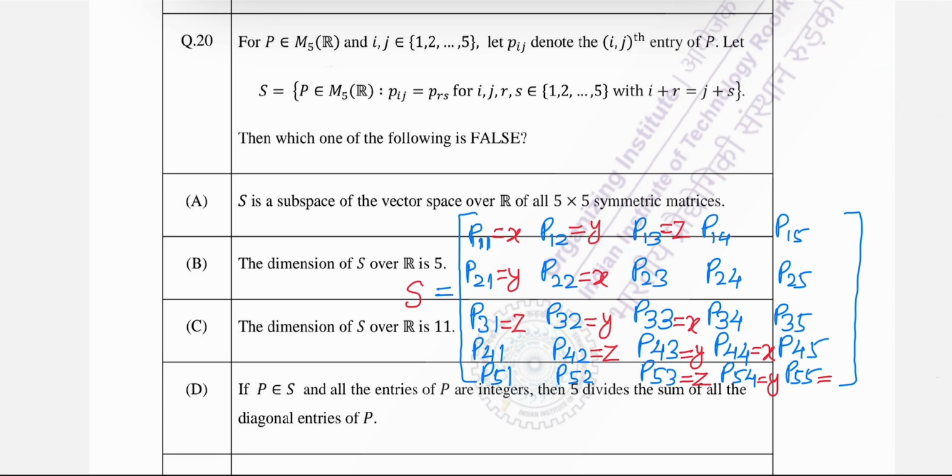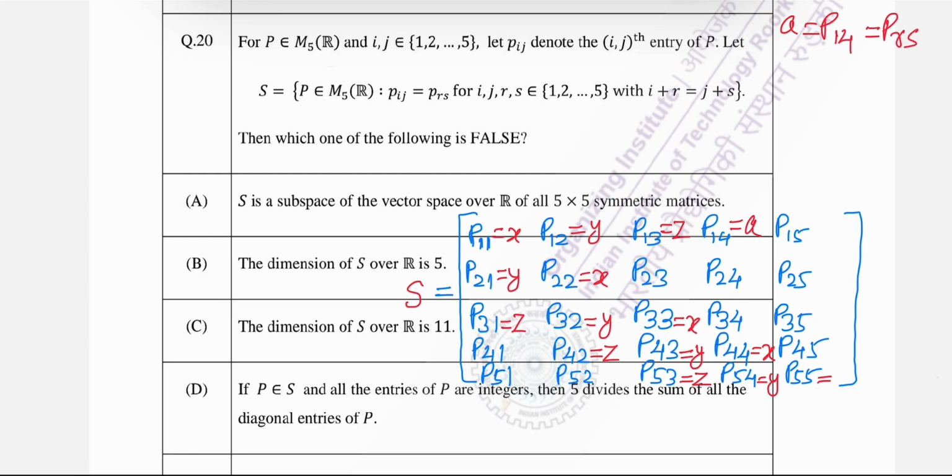Now the next is this one, P14. Suppose P14 is A. So now A equals P14, and we impose the first condition, equals PRS.